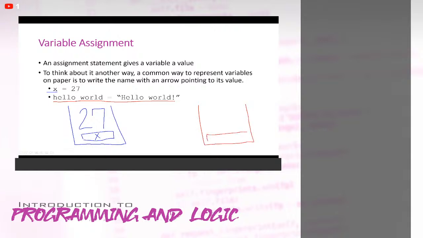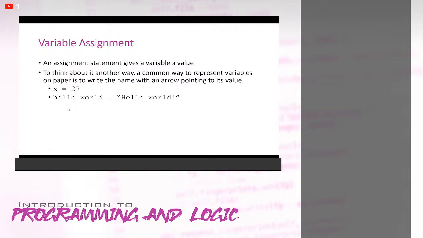We're putting the label on it of hello underscore world, as we see here. And then we're putting the value of the string of hello world in there. And so now whenever we reference this name anywhere in our program, we're actually referencing the string that's inside of there. Whenever we reference x anywhere in our program, we're actually referencing 27.